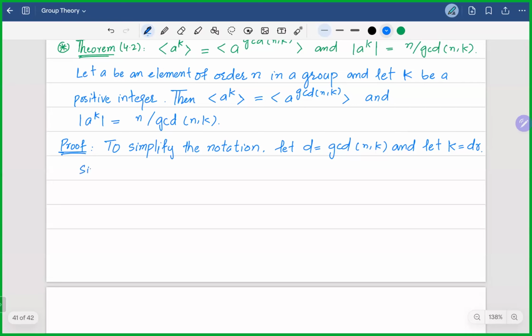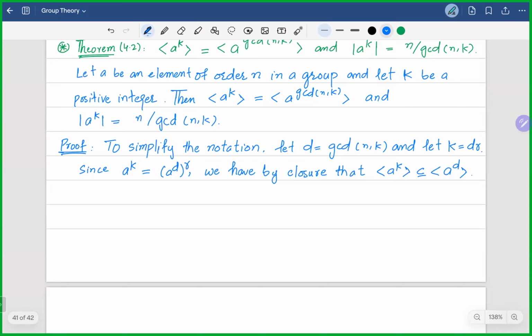Since a power k is equal to a power d power r, we have by closure that the set generated by a power k is always inside the set generated by a power d. Remember, d is the GCD of n and k.